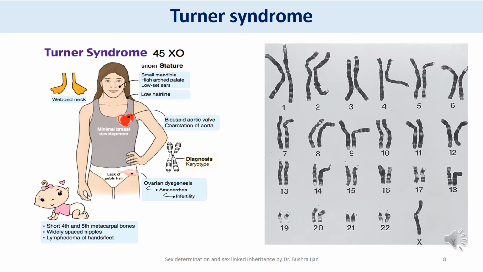Now, the first example that we are going to discuss, which is because of the improper segregation of the sex chromosomes during the formation of the eggs or the sperm, is Turner syndrome. On the left side you see a female affected by Turner syndrome, and on the right side you see the karyotype of that female.